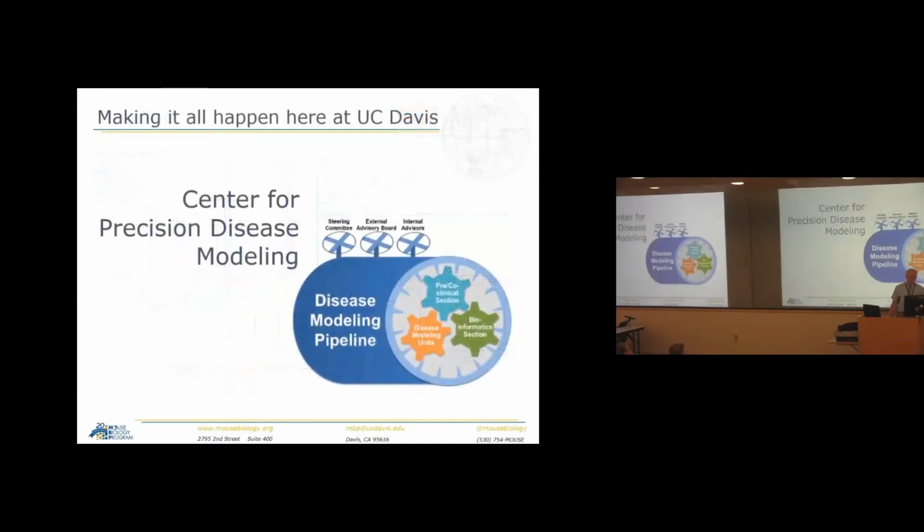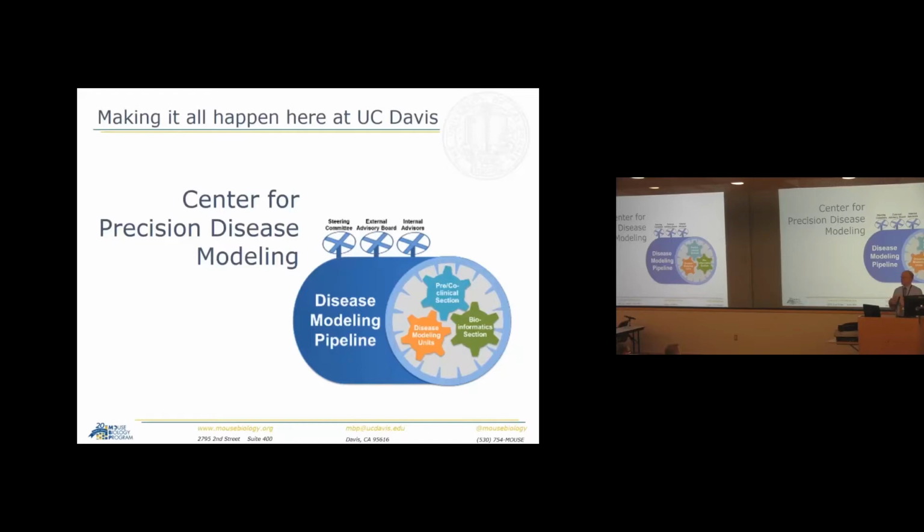So how can we make it all happen here at UC Davis? I'll finish up with this, an idea I've had for a little while, and that is to move the idea of animal modeling from one of blue sky discovery to as close to clinical application as possible.